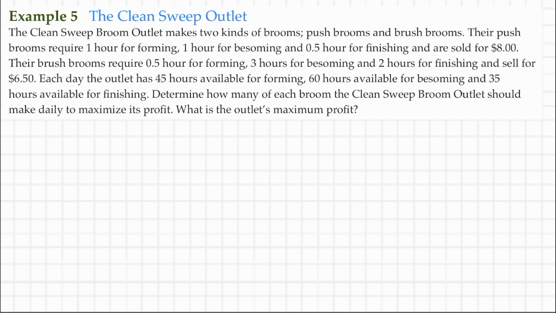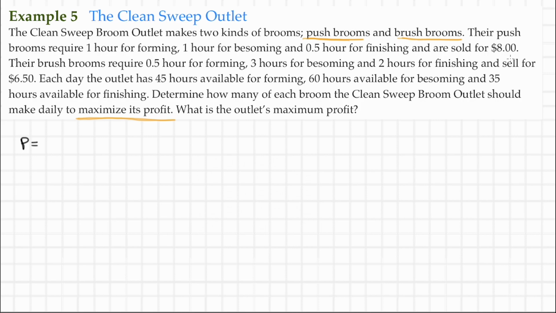So again, the first thing we're going to do is determine the objective function. And we can see right here, we want to maximize its profit. So we're going to use the variable P. That's what we use for maximizing, P meaning profit. So P is going to depend upon the number of push brooms and the number of brush brooms that are going to be made.